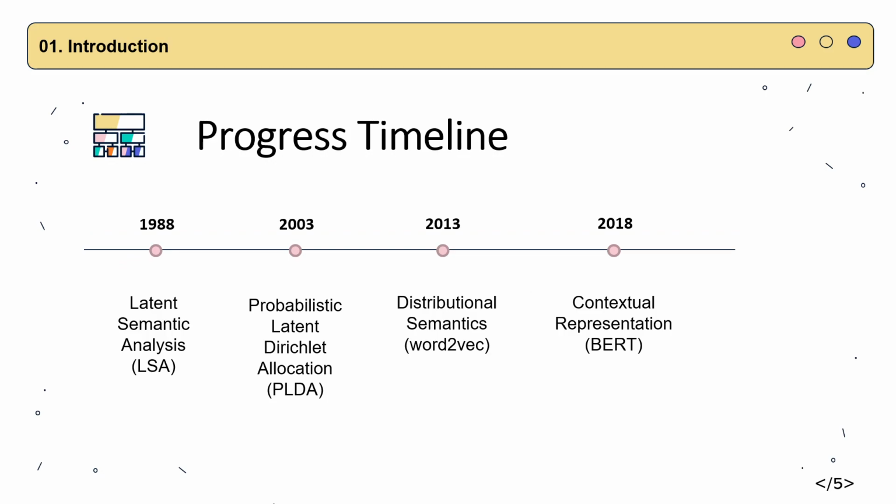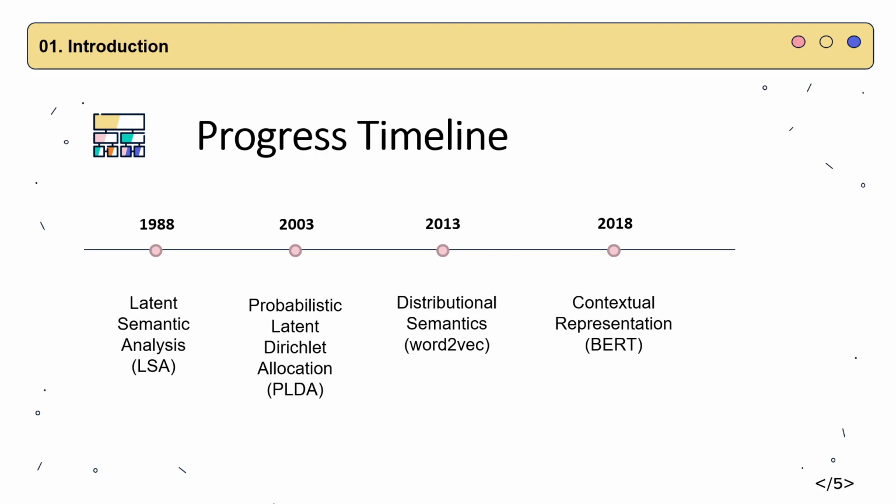So let's review the timeline of how word embedding has progressed over time. In 1988, it first appeared as latent semantic analysis, also known as LSA. In 2003, Blei, Andrew Ng, and Michael Jordan introduced latent Dirichlet allocation in machine learning, which is LDA.